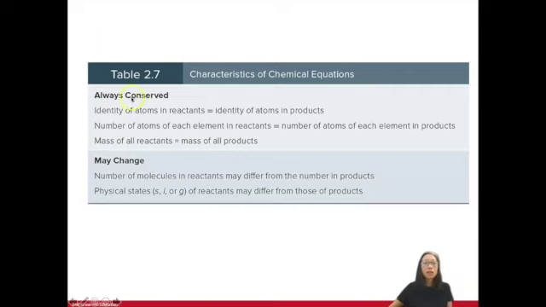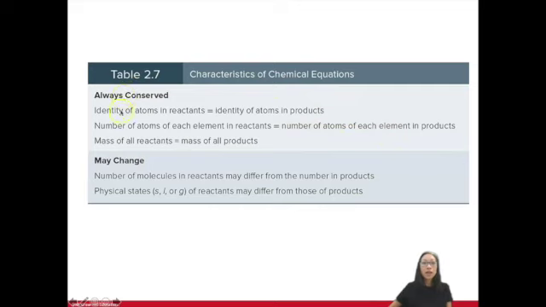This is because the chemical reaction obeys the law of conservation of mass. The atoms are the same before and after, the identity. If it's a carbon atom before, it's a carbon atom after. The numbers of the atoms have to be equal on both sides. If you had 1 carbon before, you're still going to have 1 carbon after.